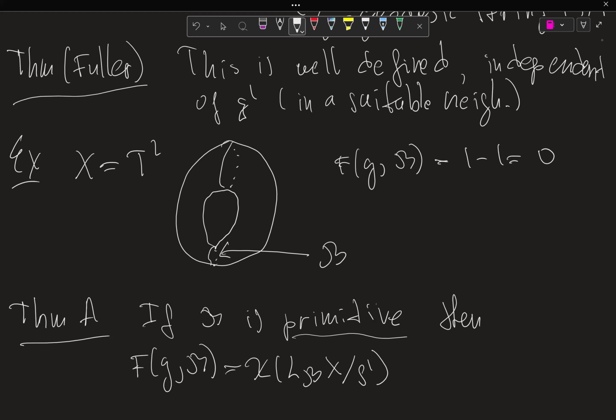When this class is primitive, S1 is acting freely, so the naive quotient is quite nice, and this is its Euler characteristic.